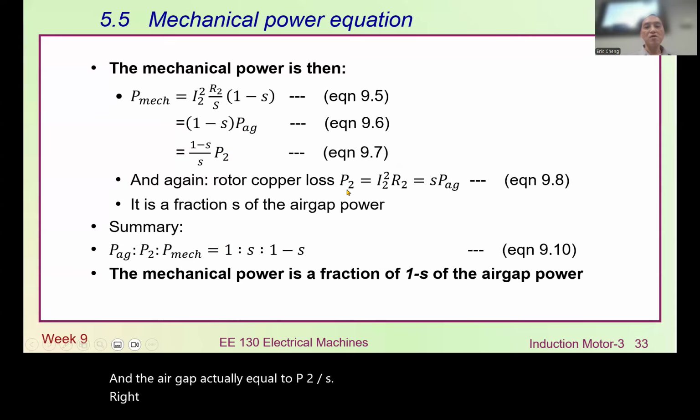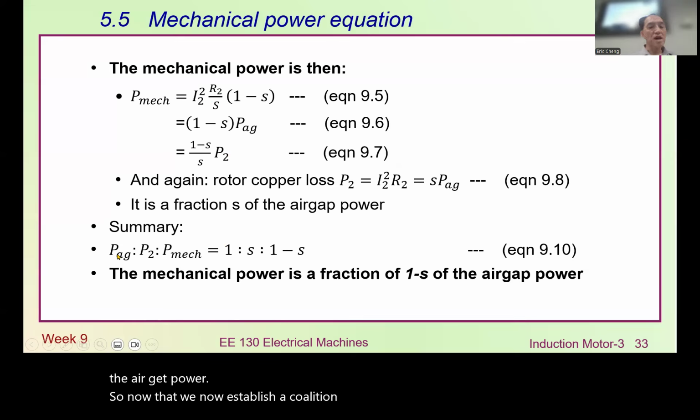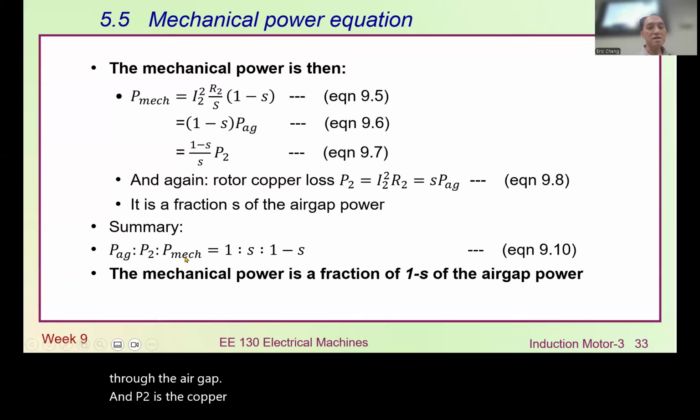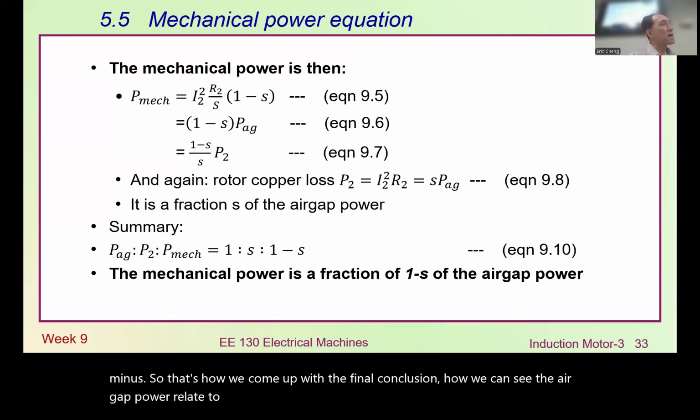So our rotor copper loss, I squared R2, is equal to the S portion of the air gap power. Now we have established a correlation between the air gap power, the power passed through the air gap, P2 as the copper losses, and mechanical power, so the ratios become S and 1 minus S. That's how we come up with the final conclusion, how the air gap power relates to the mechanical power and also copper losses.